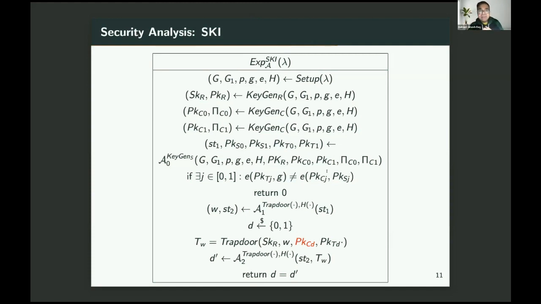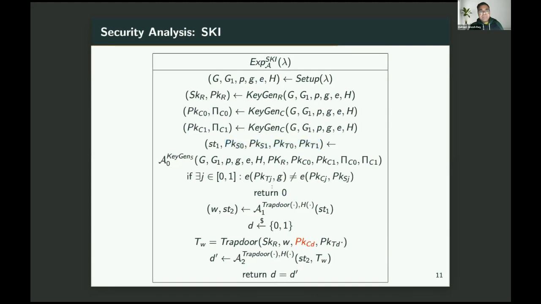SKI, the server key indistinguishability, is a game that simulates the situation where there is one user whose key is the first line, and there are two clouds, one denoted C0 and another C1, and the rest of the keys are also generated accordingly.